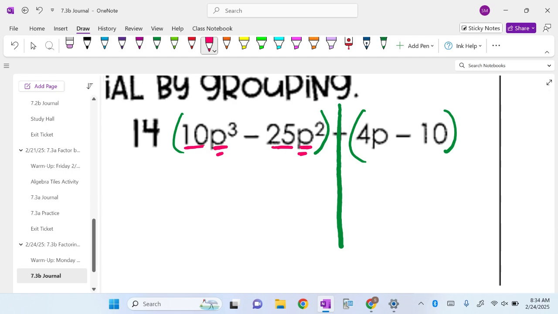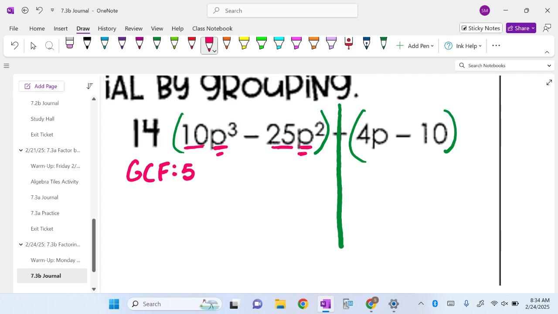So, Addie, what do you think the 10 and the 25 have in common, GCF wise? What factors do they definitely have in common? 5. So that would be the first part. All right. Now, Neely, p cubed and p squared. They both have at least how many p's in them?